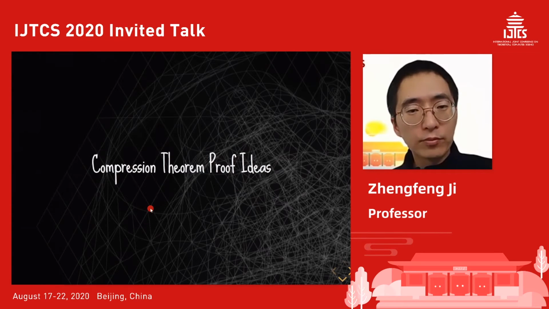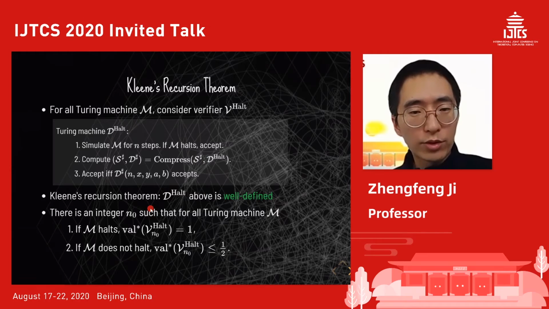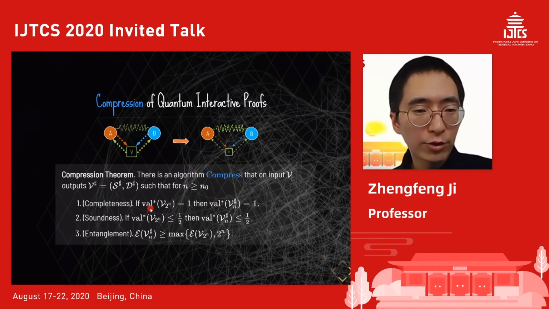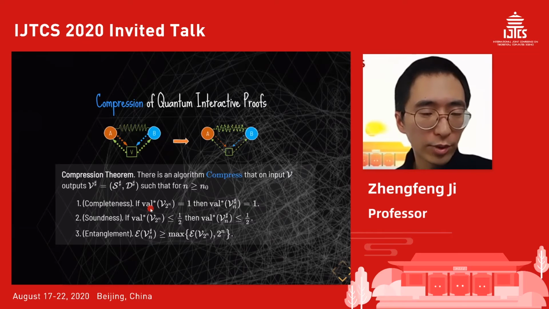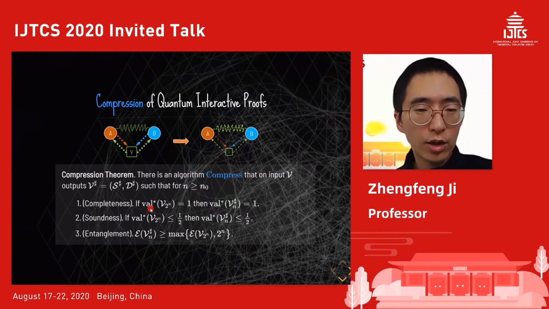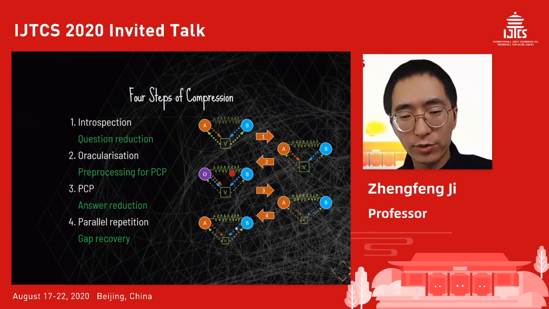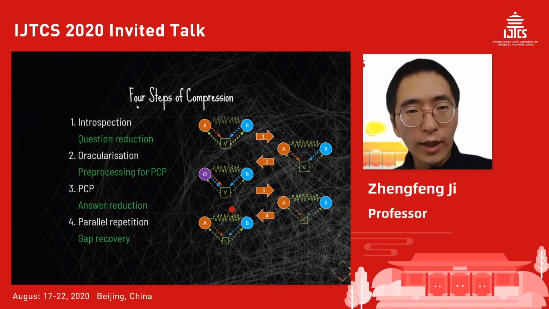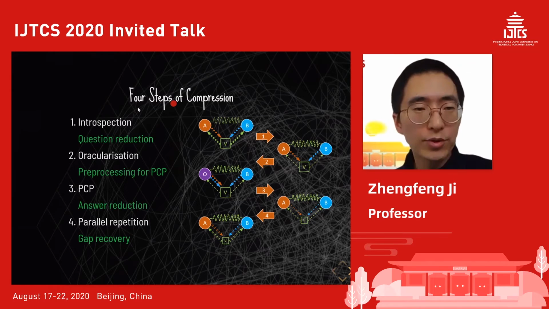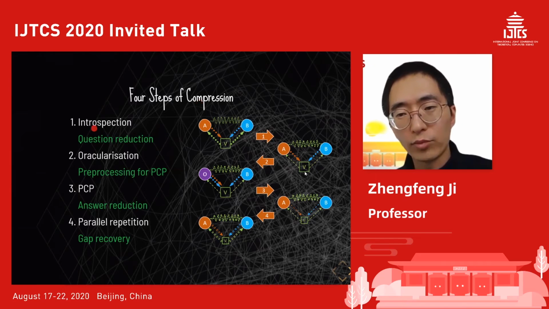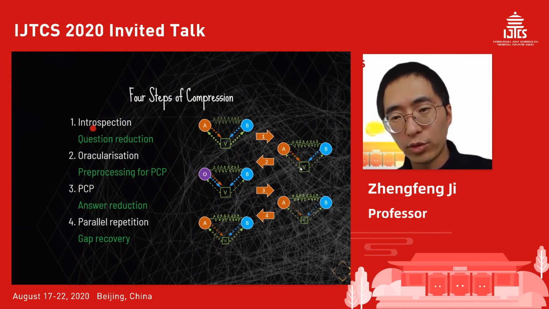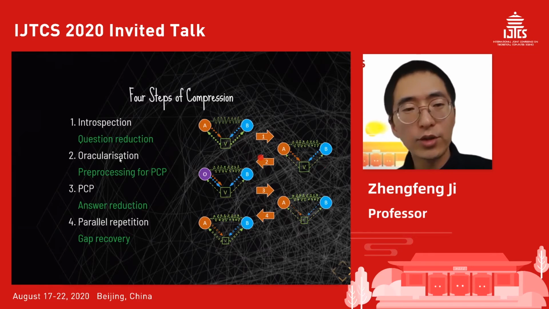Now what remains to talk about is how we actually show that compression theorem, that, at least for a family of games, you can start with a big game and end up with a very small game. It consists of four steps. The first step is called introspection. In that step, the verifier would have smaller question sizes.